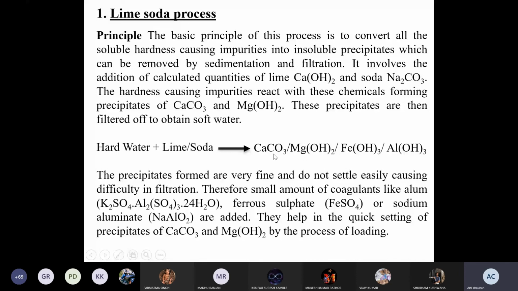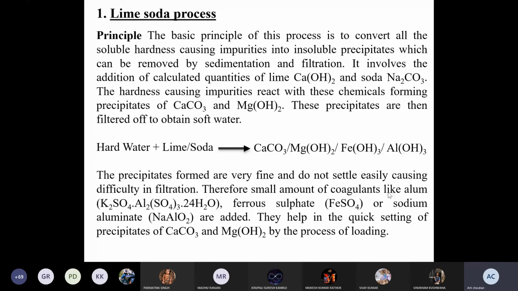One more thing: these precipitates are very fine. They do not settle easily, and you have some difficulty in filtration because of the fine structure. Therefore, there is a need to add coagulants. They add onto the fine precipitate surface and give it bulk and weight, so that it can settle quickly at the bottom and you can easily filter out the precipitates.